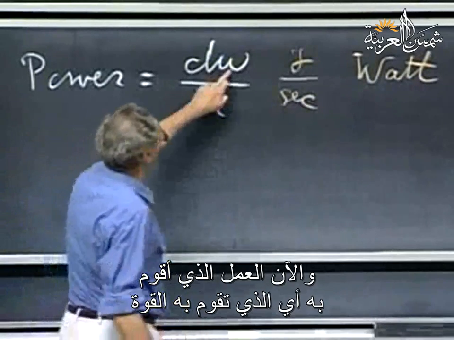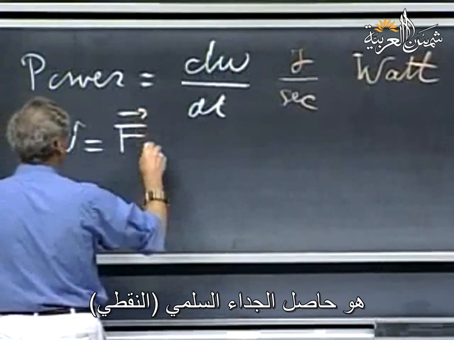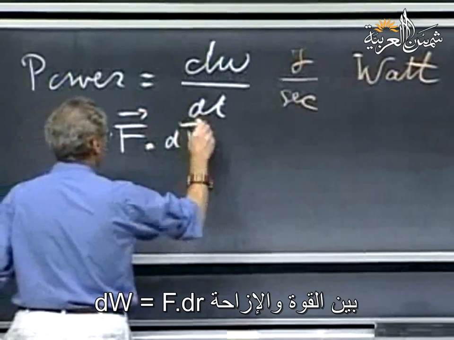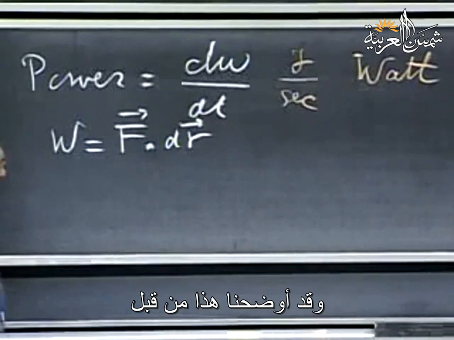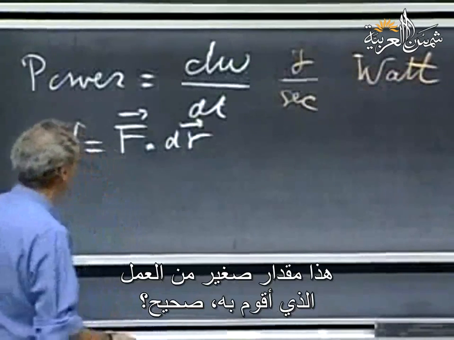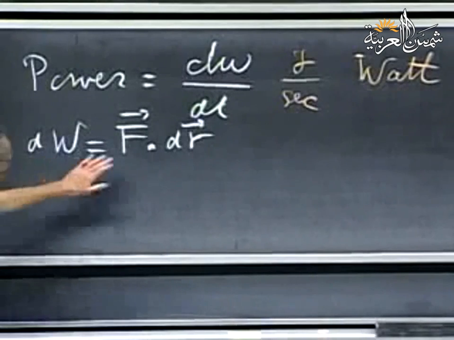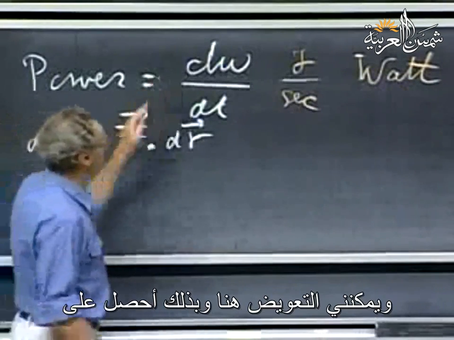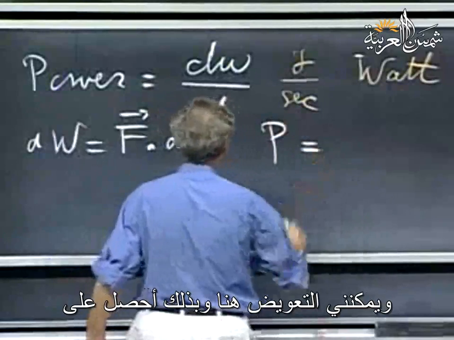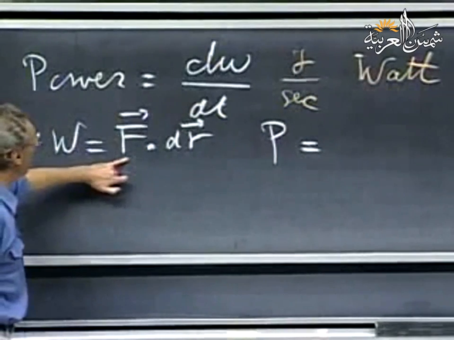Now, the work that the force is doing is the dot product between the force and a certain displacement of that force. We have dealt with that before. That is a little bit of work that I'm doing, right? I have a force which is constant during a small displacement. And so I can substitute that in there, and so I get that the power is the derivative of this versus time.